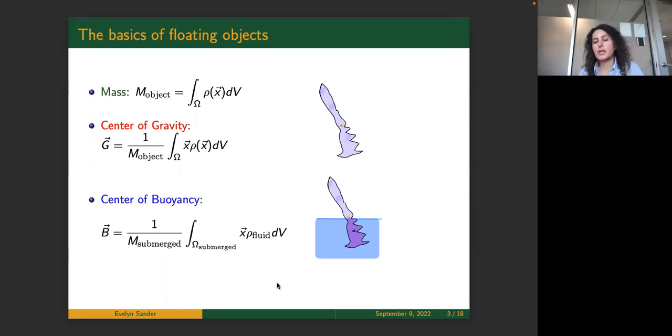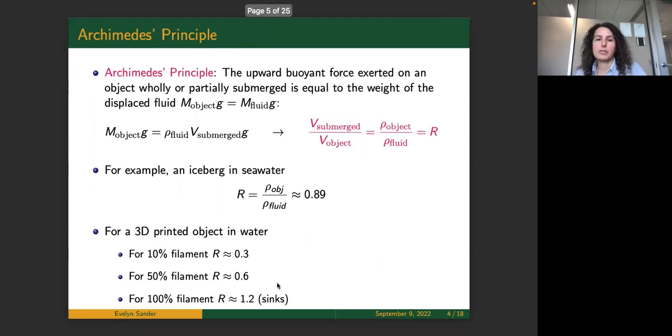Okay, so with this in mind, we have the center of buoyancy and the center of gravity, and the goal now is to understand what you would expect if you just let the object naturally float. How much of the object would you expect to be below the water line?